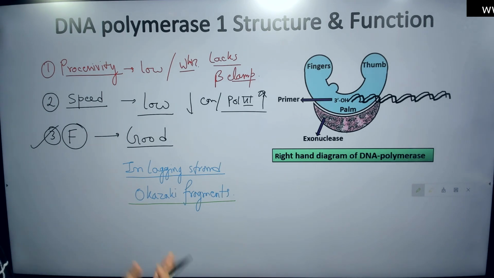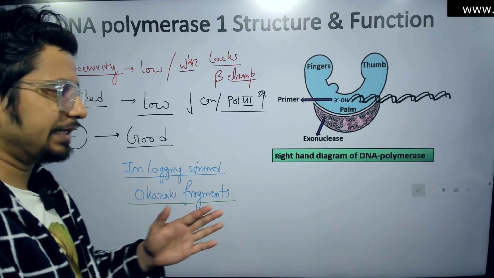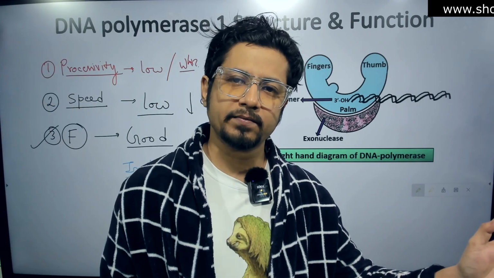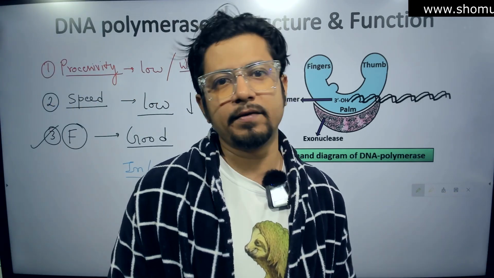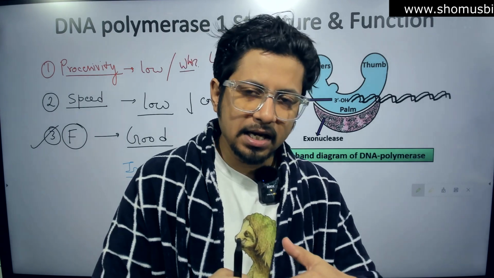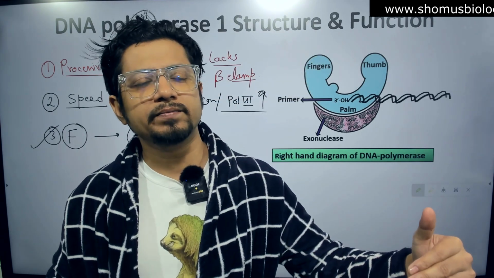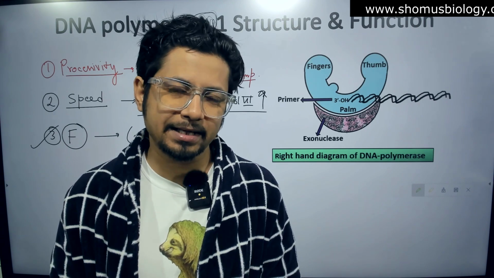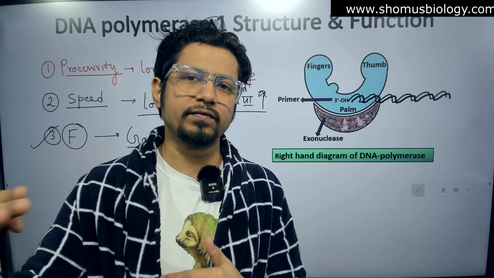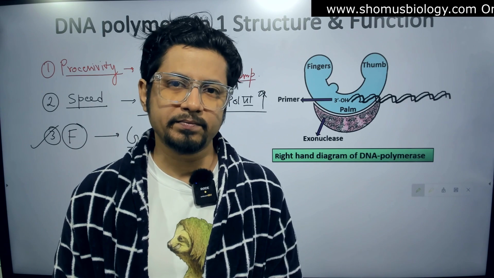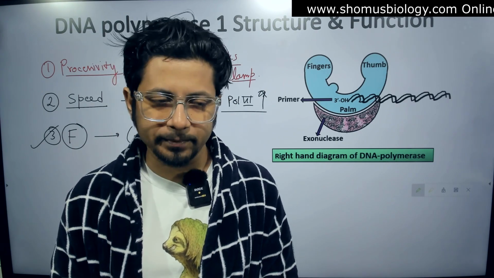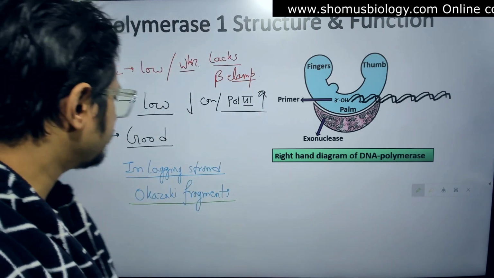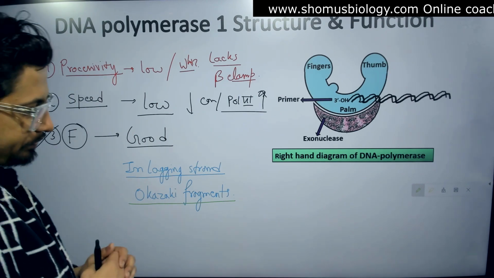Why? The leading strand has continuous synthesis, while the lagging strand does not. The leading strand has continuous addition of nucleotides, while lagging strands have small stretches of nucleotides with gaps in between. Those need to be joined later, so we have these gaps that are present.